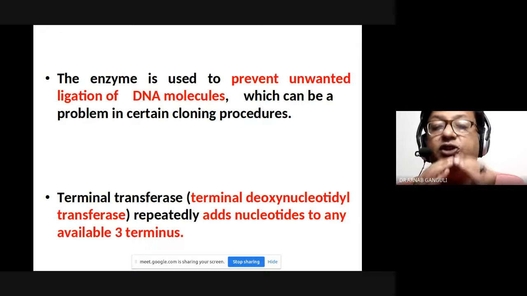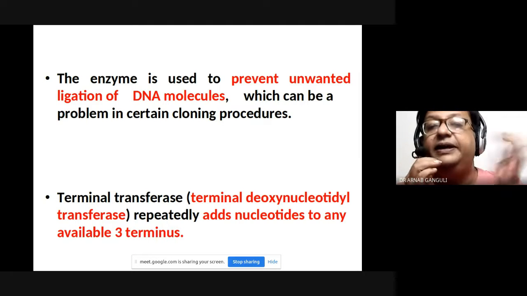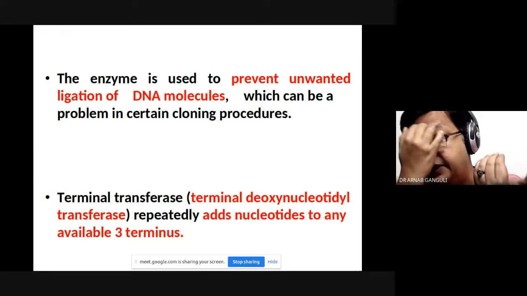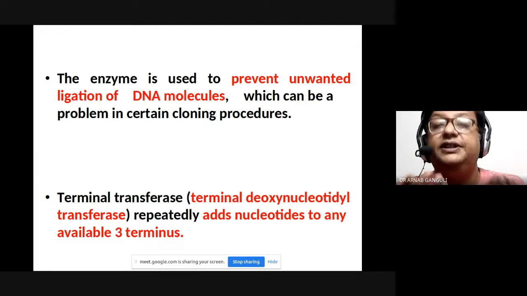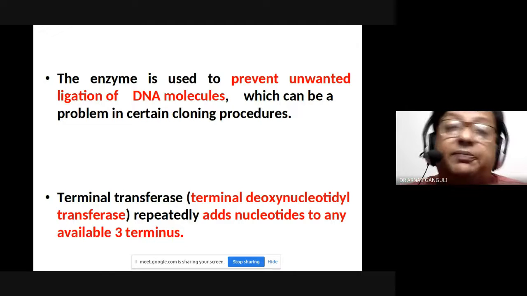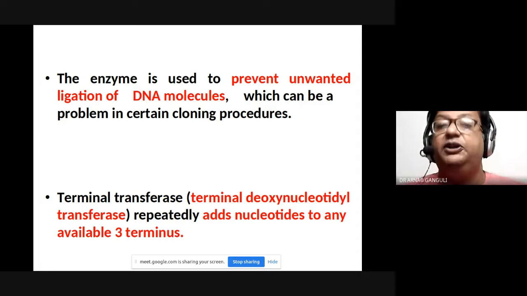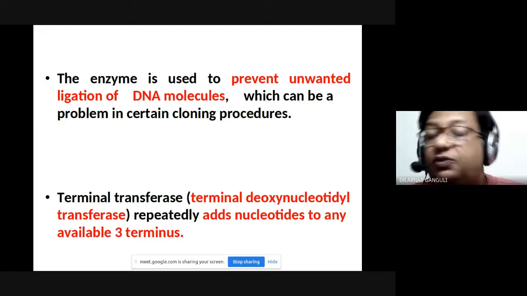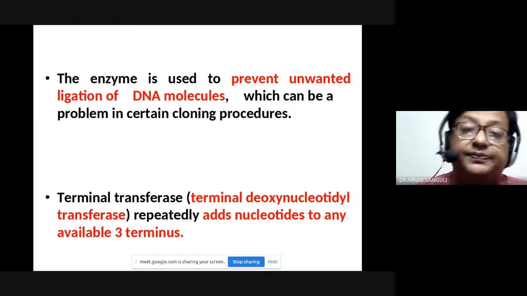But if there is no phosphate on the 5' end and the 3' end also doesn't have phosphate, it has got OH. So two OH groups cannot form a phosphodiester bond to make a DNA molecule. There is no P, so the two OHs will not work properly.